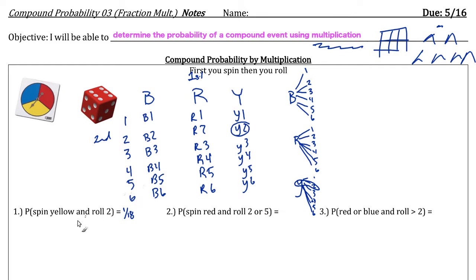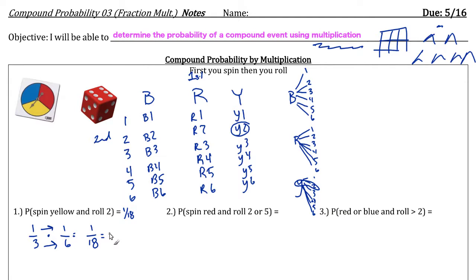So what are the chances you get a yellow? 1 out of 3. What are the chances that you roll a 2? 1 out of 6. Well, if you just multiply these, you get 1 out of 18. It's as simple as that. You could just skip over to the percent, which I forgot what 1/18 was.